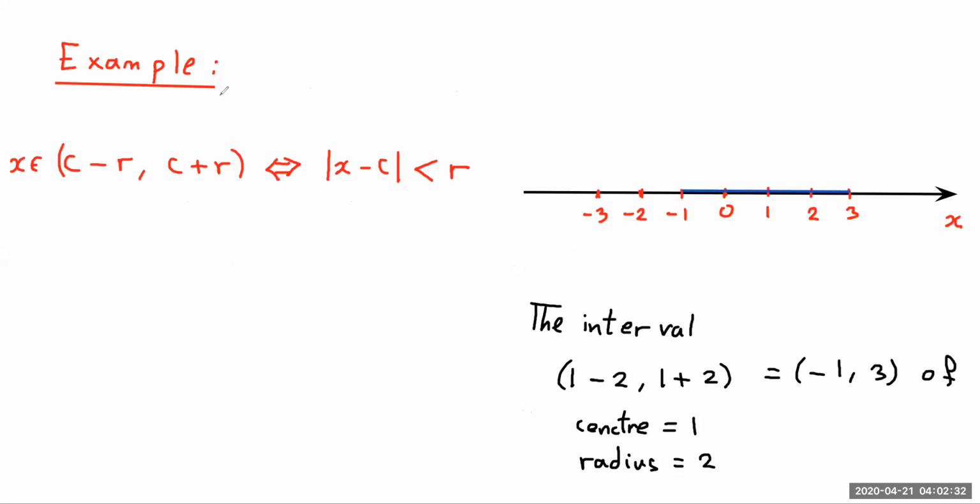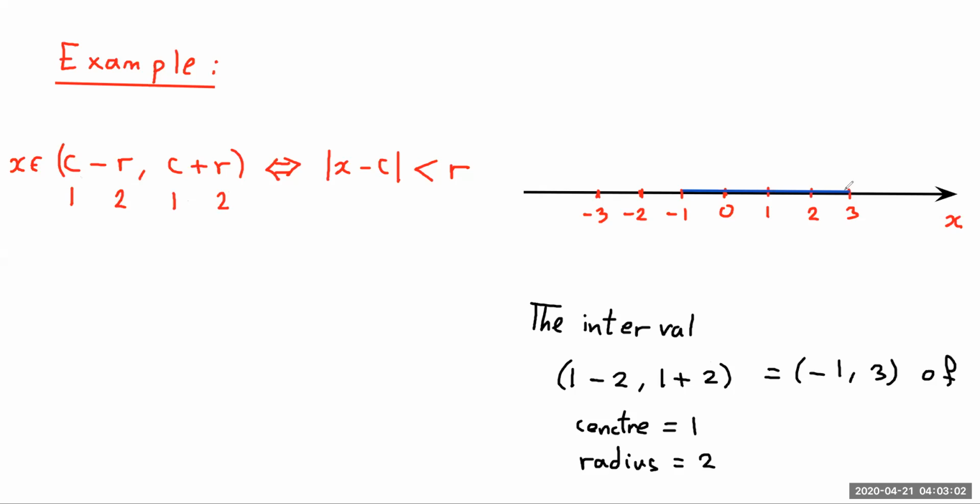Let's explain what the center and radius of an interval mean in this example. Let's take the interval (1 - 2, 1 + 2). I will suppose c is 1 and R is 2. So the interval of center 1 and radius 2 is written as (1 - 2, 1 + 2), so it's (-1, 3).